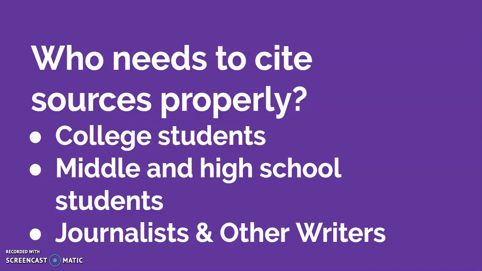It's also important for middle and high school students who are doing research projects as well. So learning how to cite sources properly could help you as a parent when your children are doing research projects for their schooling. It's also a necessary skill for journalists and other kinds of writers.